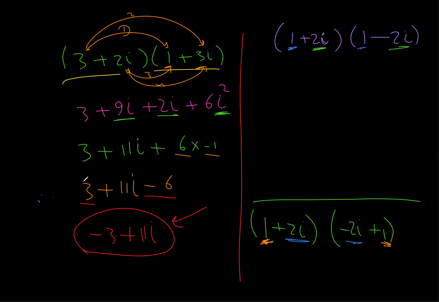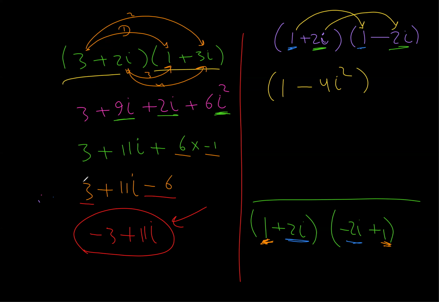When you multiply them, you can multiply first times first, first times second, second times first, second times second. But to save time, if you made sure that they are conjugates, you can multiply only the first times the first and the second times the second. 1 times 1 is 1, and 2i times negative 2i is negative 4i squared.